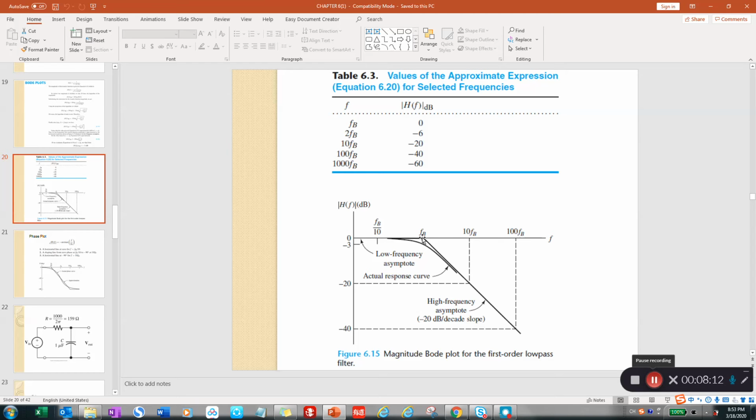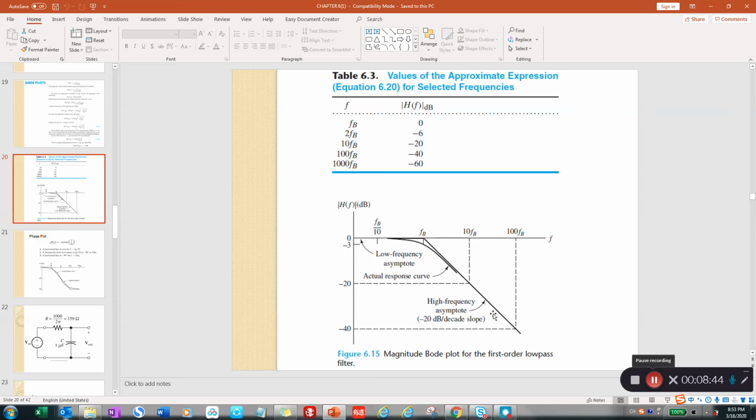For the other side, when F is higher than FB, we are going to do the same thing. If F is 10 times FB, we know the magnitude in dB is -20. And if F equals 100 FB, then the magnitude in dB is equal to -40.